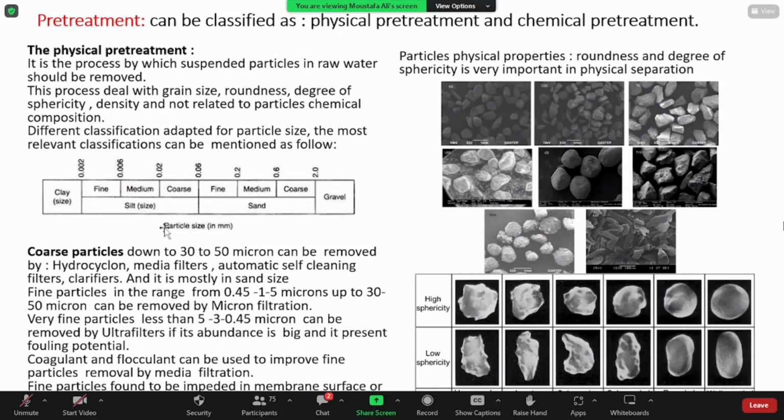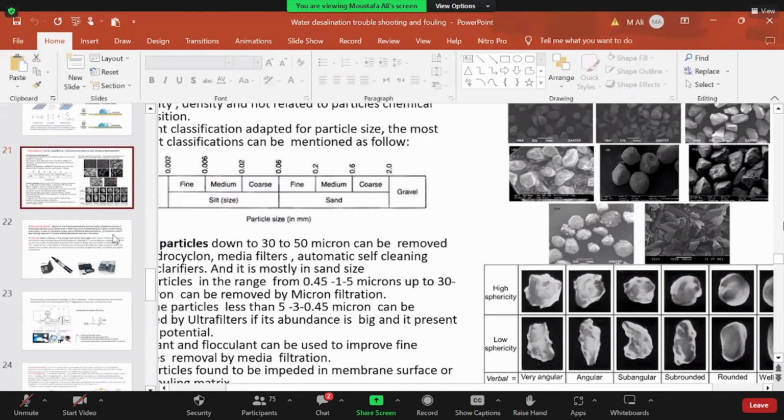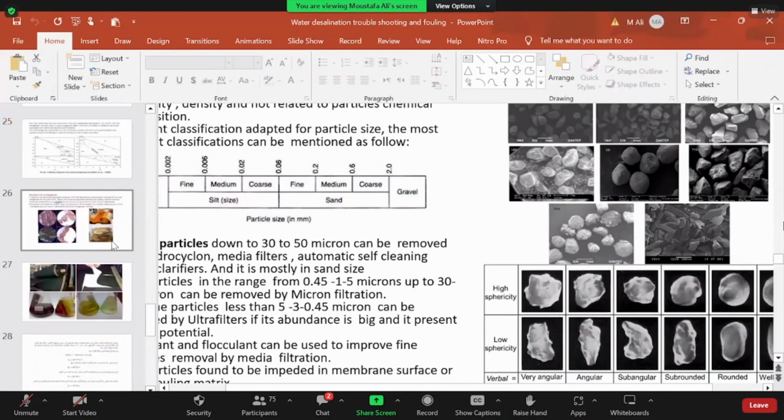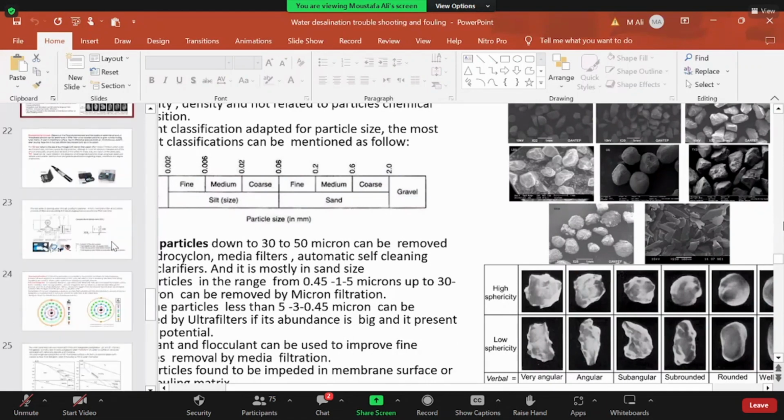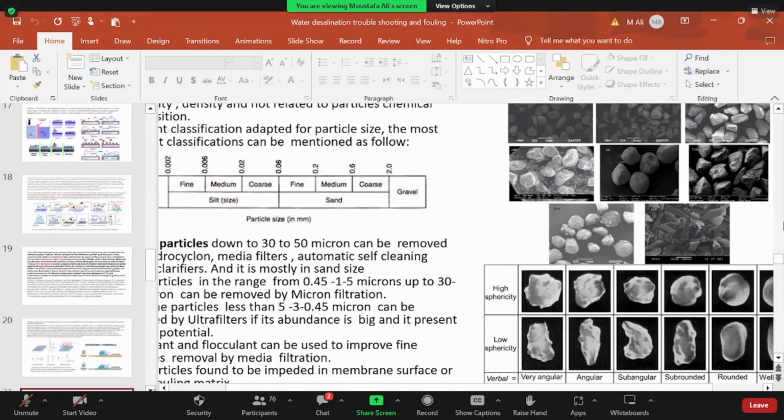We normally remove it by coagulation and flocculation, and it's easily removed by media filter if it is over 2 microns.